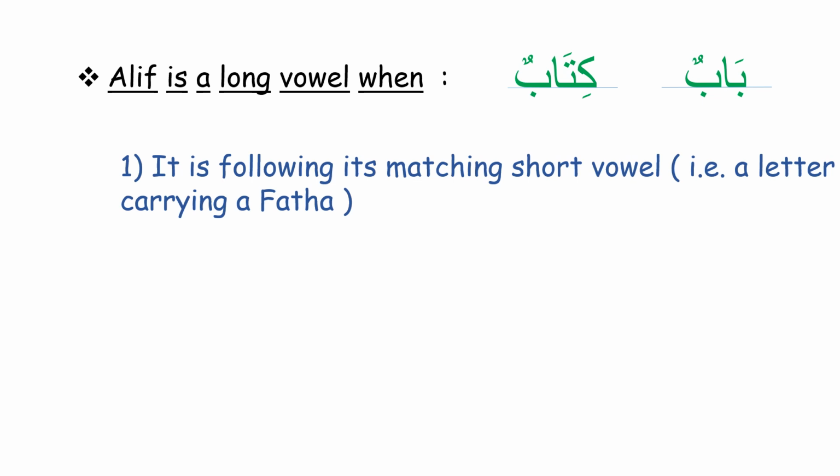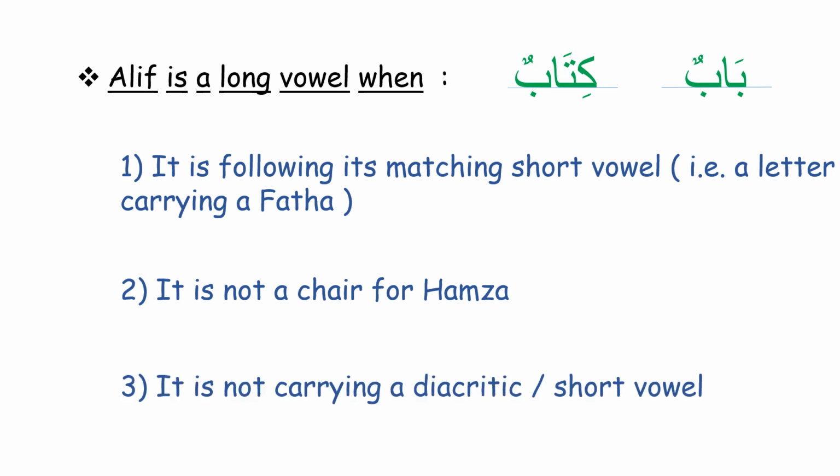That's number one. Number two, it is not a chair for Hamza, as you can see. And number three, there is nothing written on top of the Alif, so it should be a long vowel. And there you have it. Now you can easily recognize our first long vowel, Alif.